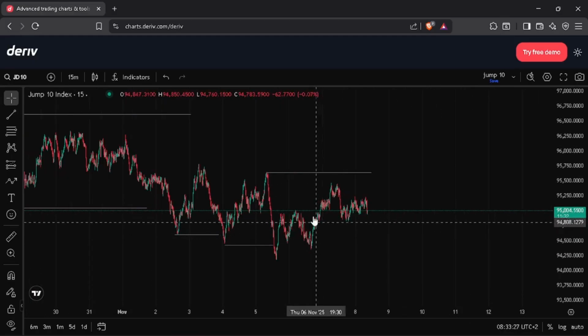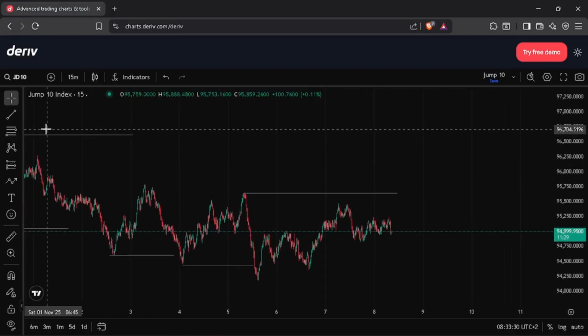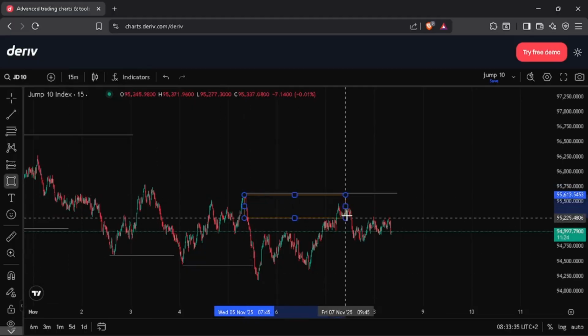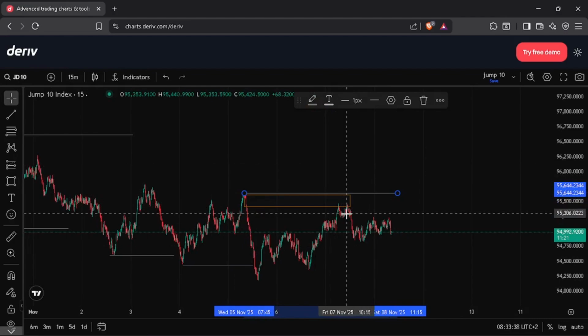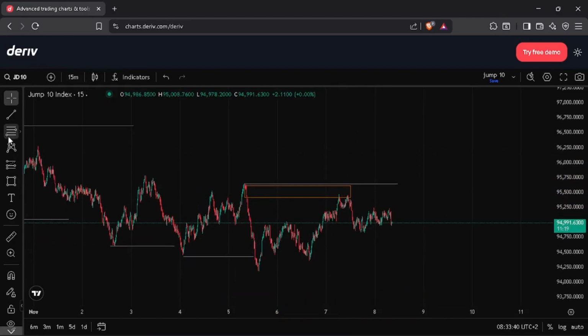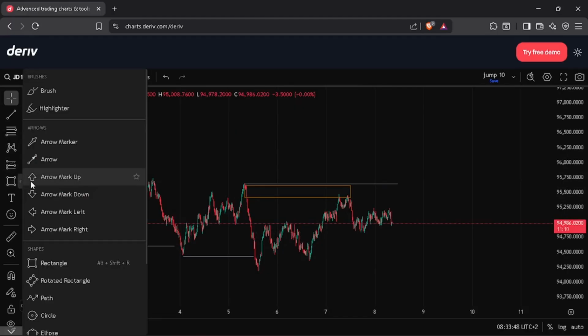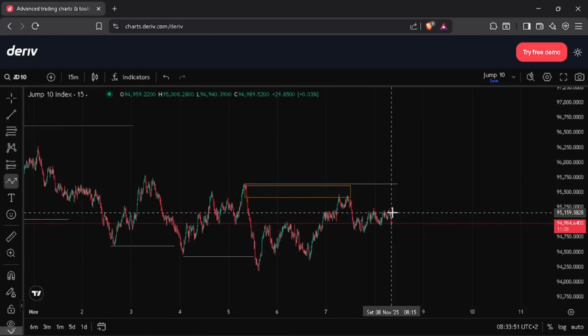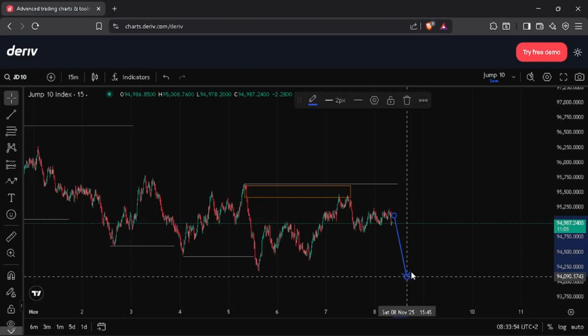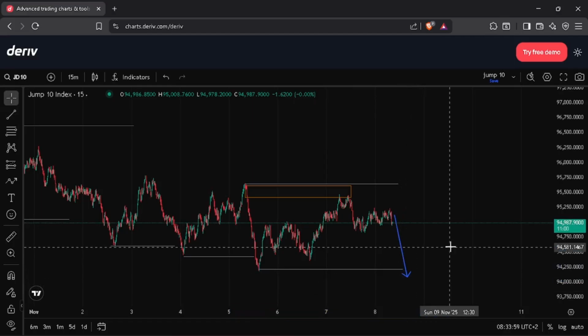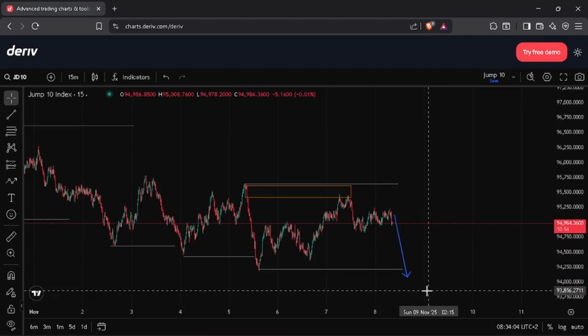So what I'm anticipating is that on this level here, we did touch and then we went down. So the possibility is that this market would shoot all the way down to this level here and break structure here, which is a high possibility for the market to do right now.